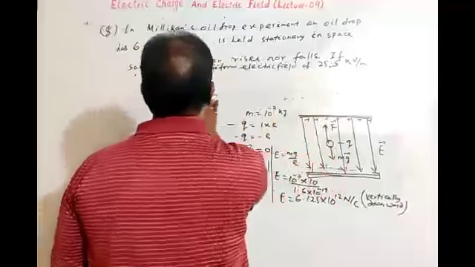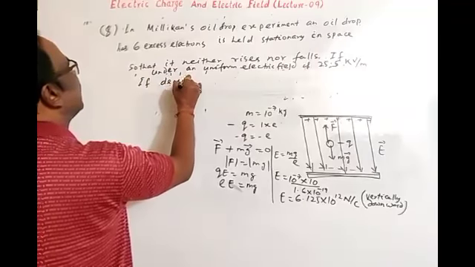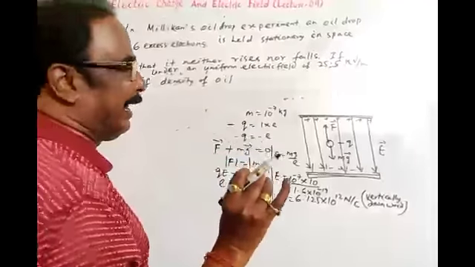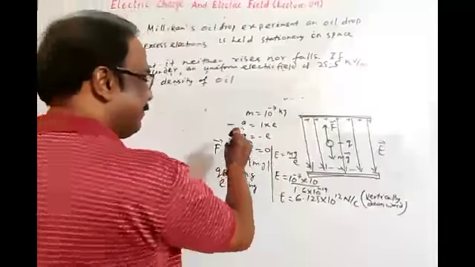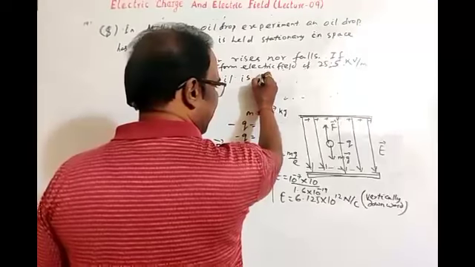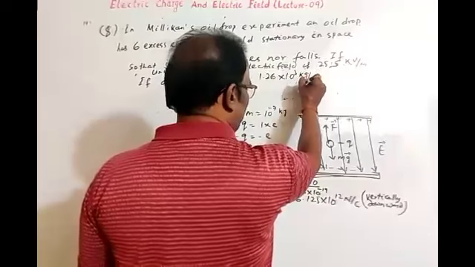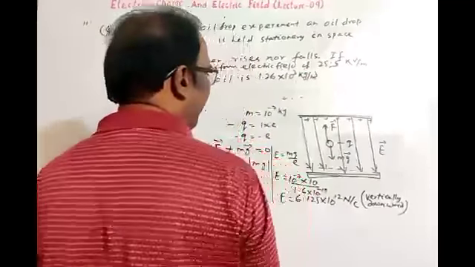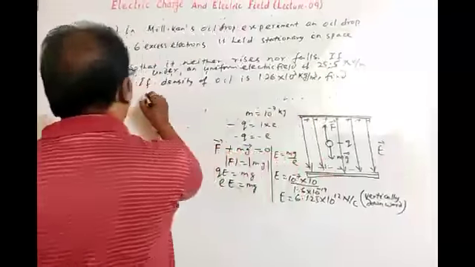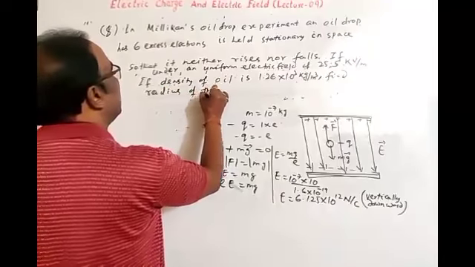If the density of oil, I am taking the density of oil as 1.26 into 10 to the power 3 kg per meter cube, find the radius of the oil drop.